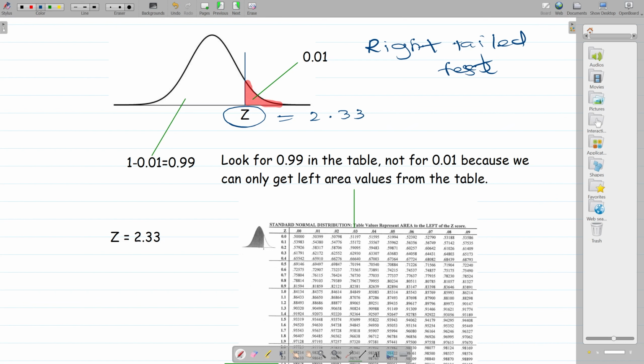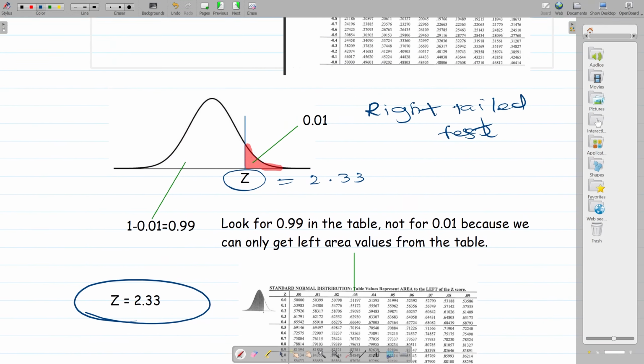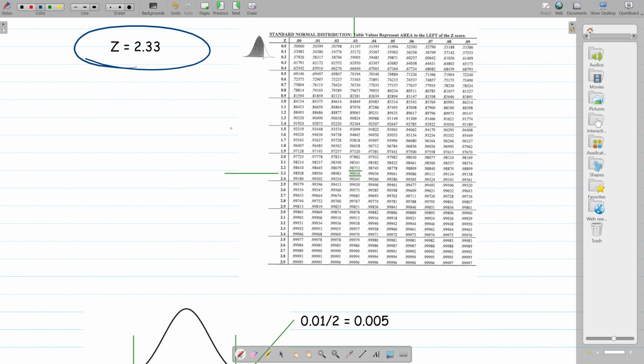But if you need to do it another way, like using 1 minus 0.01 is 0.99 in the table, you will end up with the value 2.33. Whichever way you use, make sure that it won't consume much time. That's the major thing you should consider.